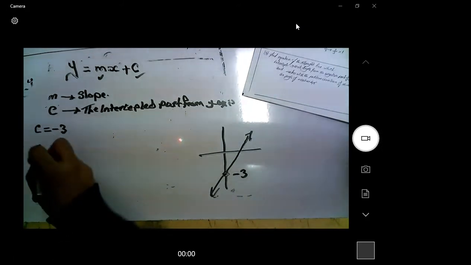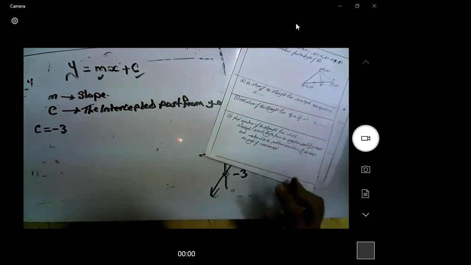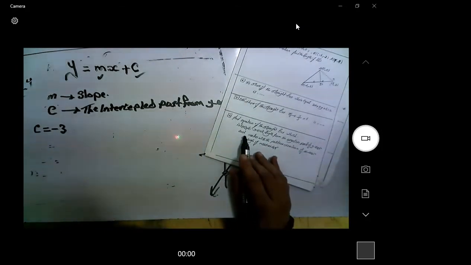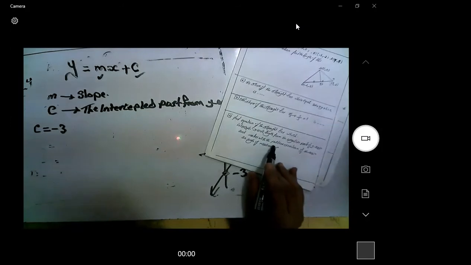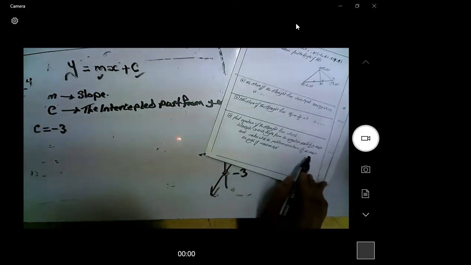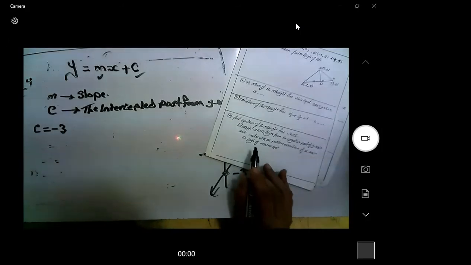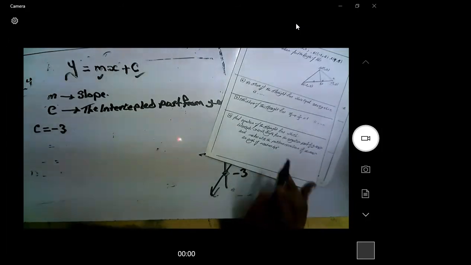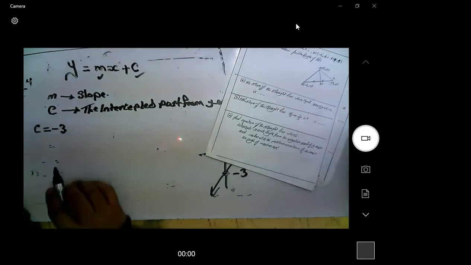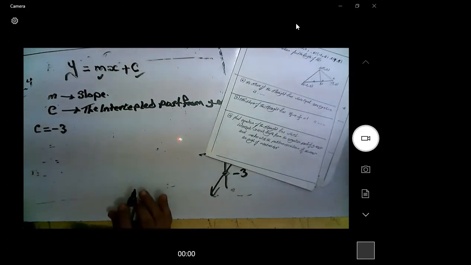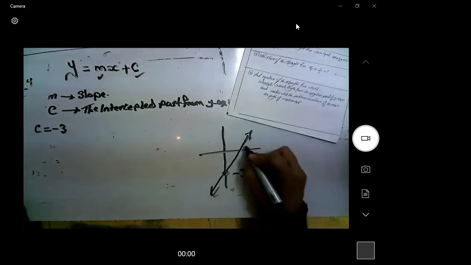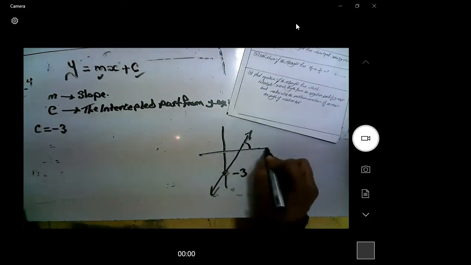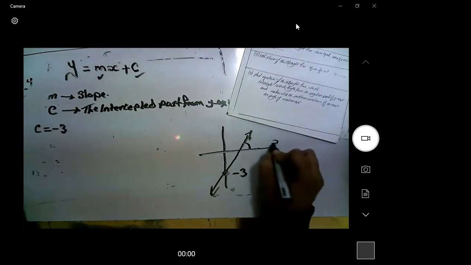What about the slope of the straight line? The straight line makes with the positive direction of the x-axis an angle of measure 45 degrees. You know that we can get the slope either by knowing 2 points on the straight line or the measure of the angle between the straight line and the positive direction of the x-axis.